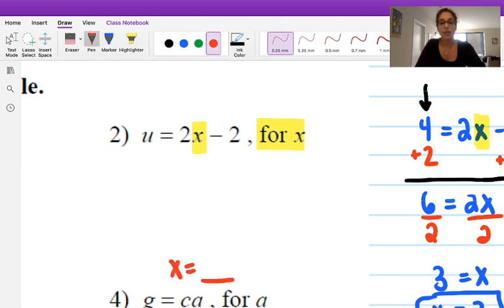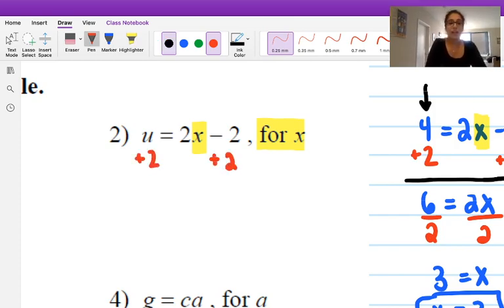So notice how we're going to use the same steps. I'm going to add 2 to both sides. So what do I get? I get u plus 2. I cannot combine these, so I'm literally going to rewrite u plus 2 equals 2x. This goes away. We crossed it out.